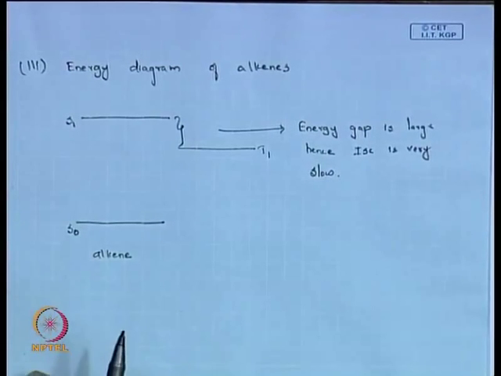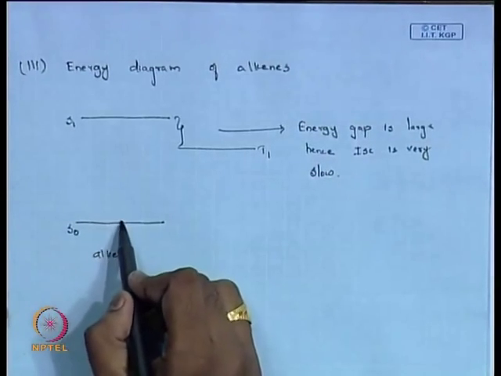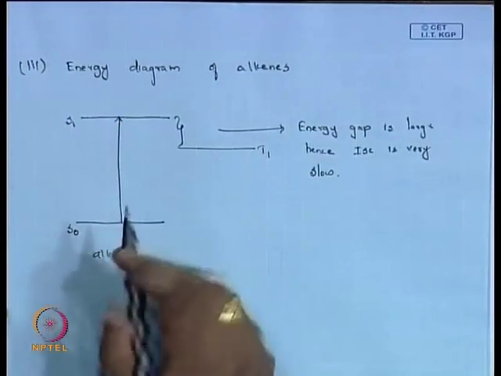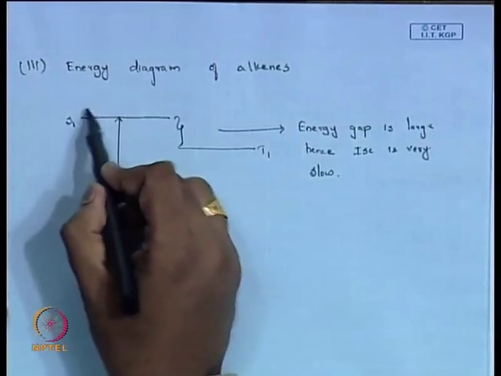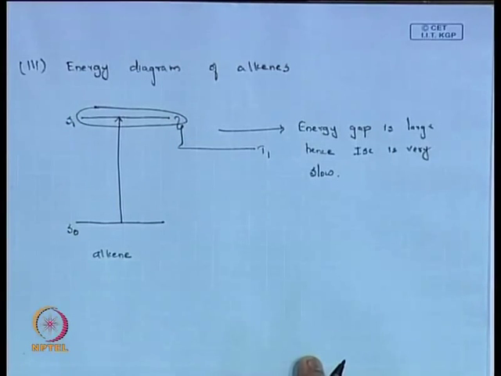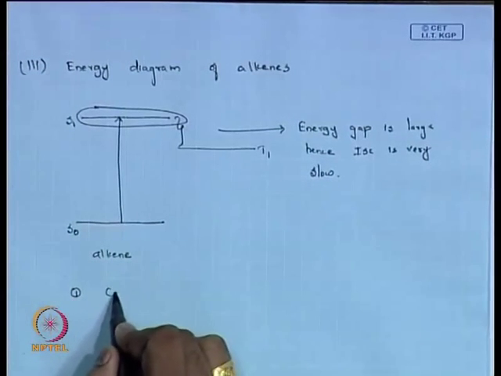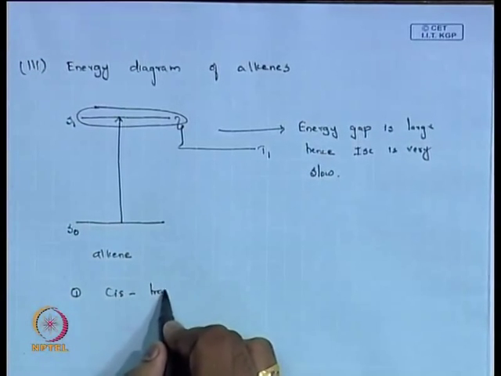So, then if I take my alkene and do the chemistry, I am going to see chemistry only from the singlet. What are the chemistries which happen from the singlet basically? Just now we saw cis trans, right.